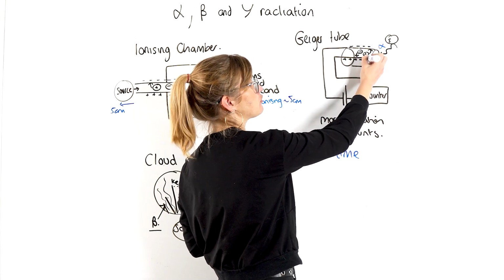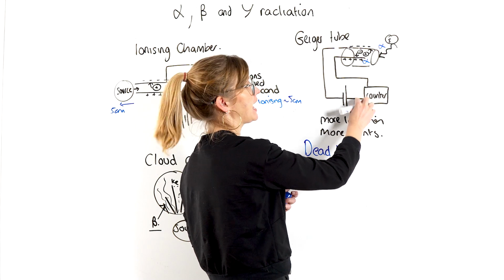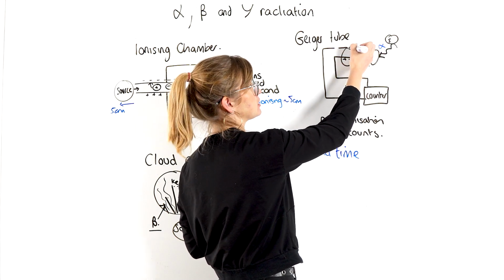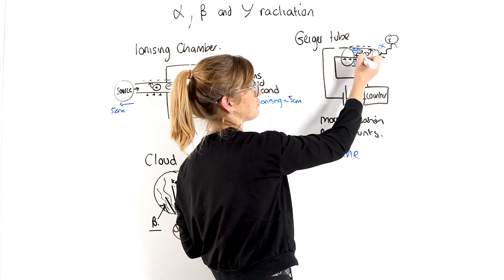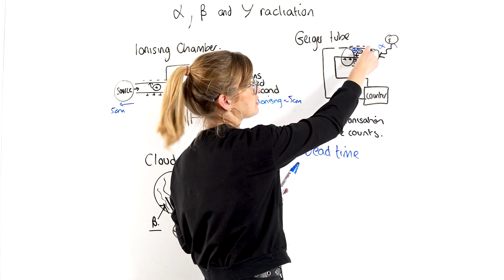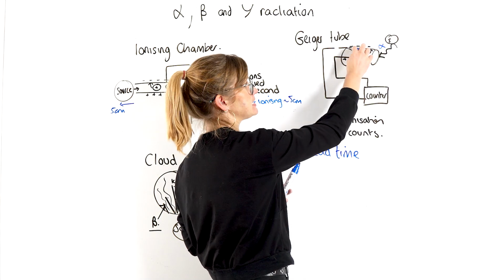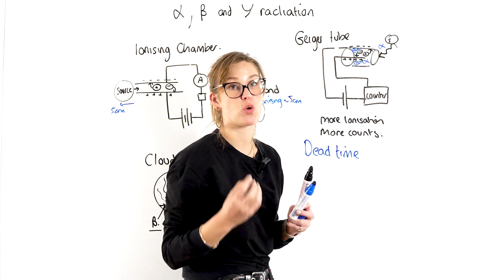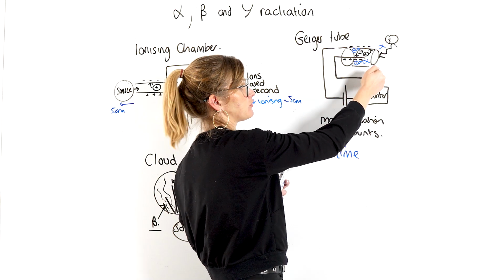But maybe another alpha particle enters before that charge has got the whole way around to the counter. And it ionizes another set of particles, with the positive going towards the negative and the negative going towards the positive. But because that first surge of charge hasn't gone the whole way around the circuit yet to get counted, that second ionization will never get recorded.